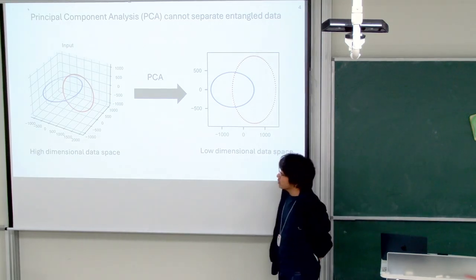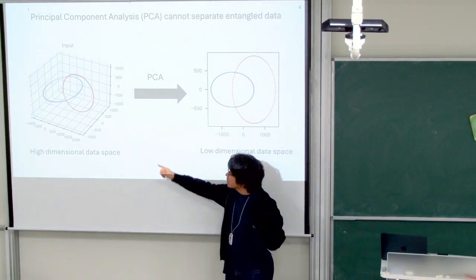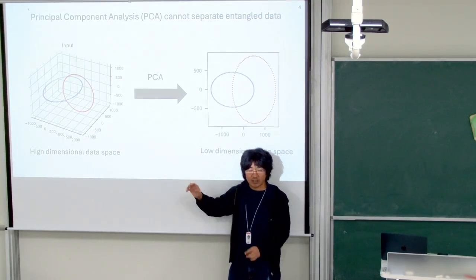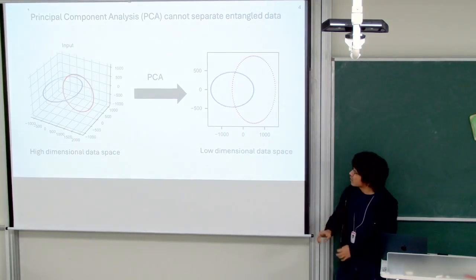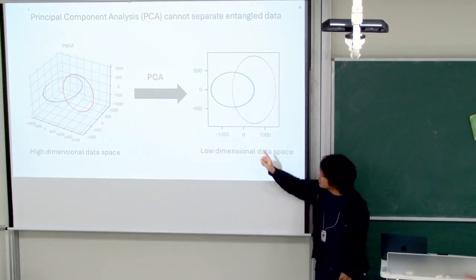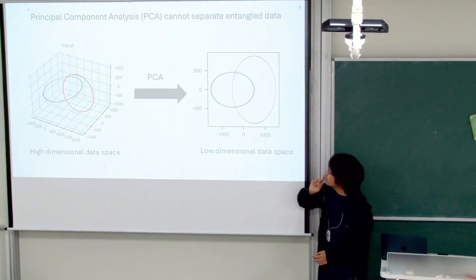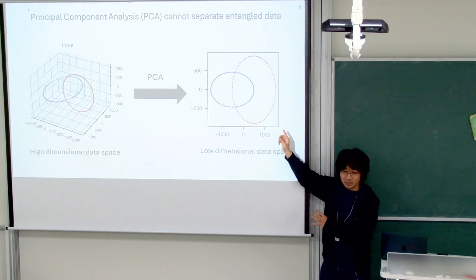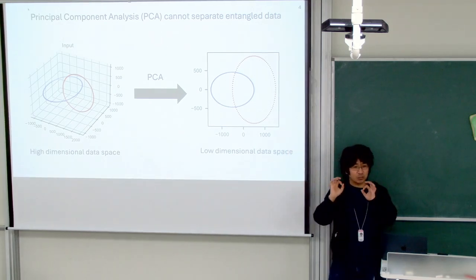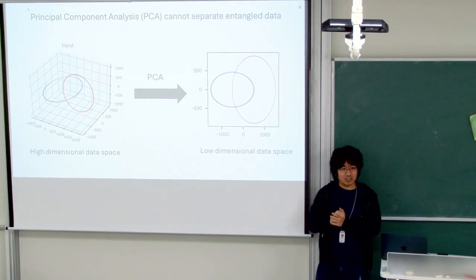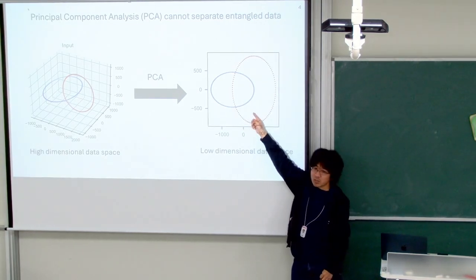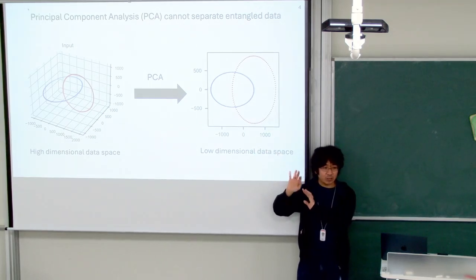For example, if the input data is entangled rings, the low-dimensional data is also entangled, so we cannot distinguish the blue ring and red ring.